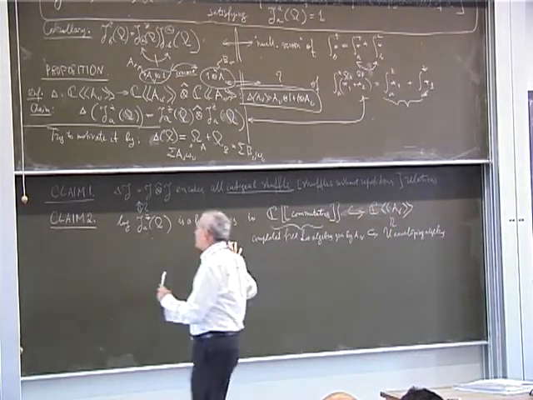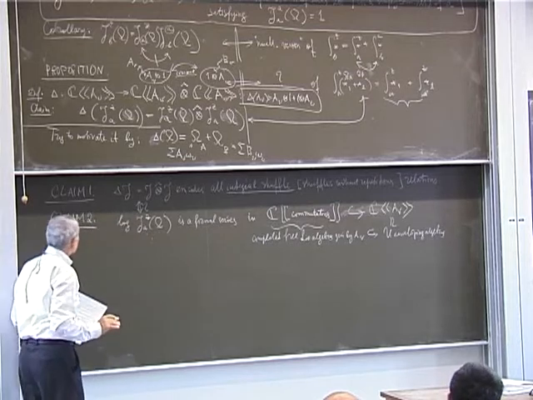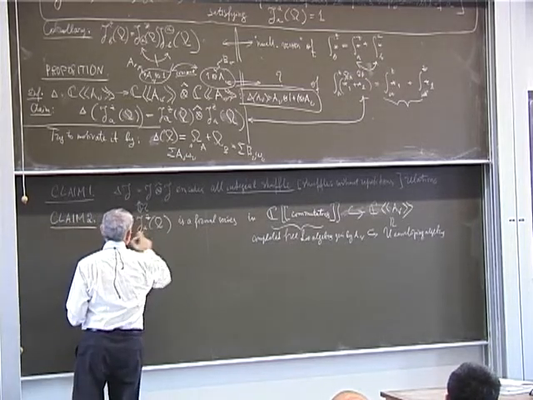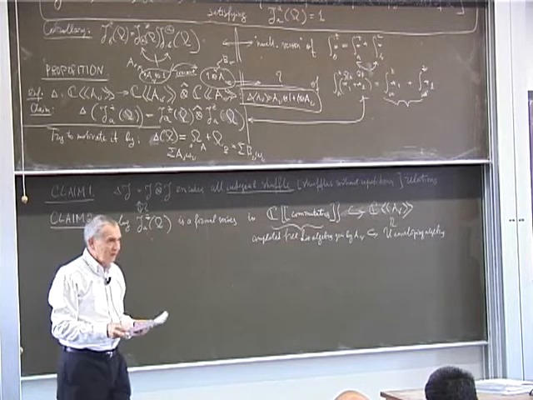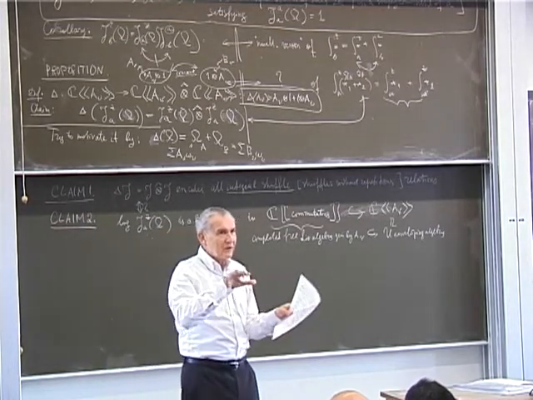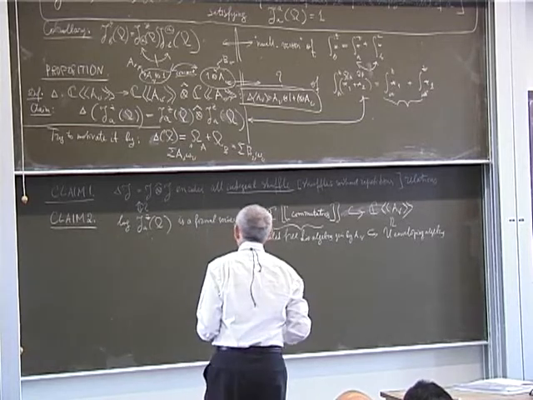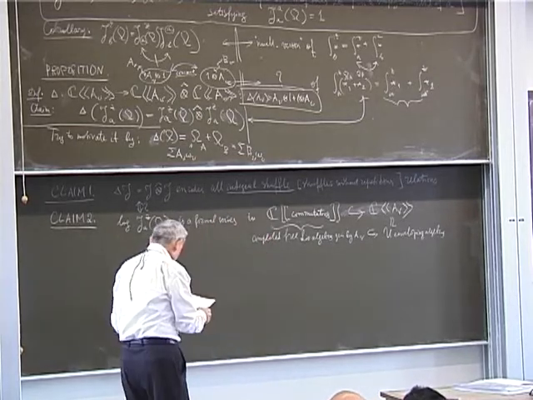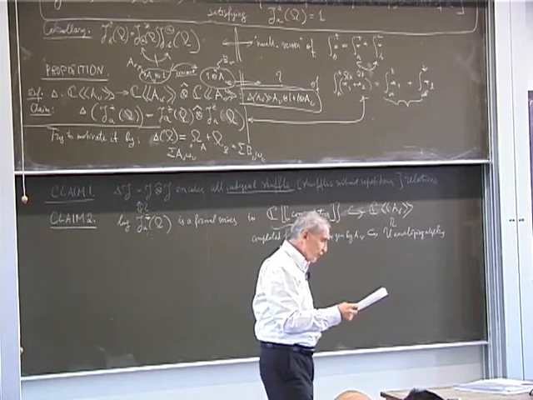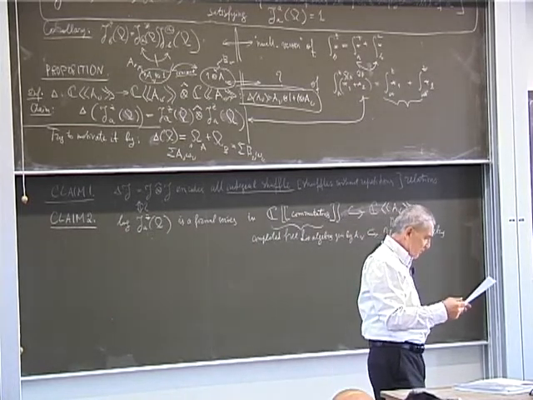So I skipped some formalities, but essentially this statement is the same as this statement. So again, these combinatorial shuffle relations are in fact telling you that the generating series is a Lie series and not just an associative series, when you pass to logarithms.